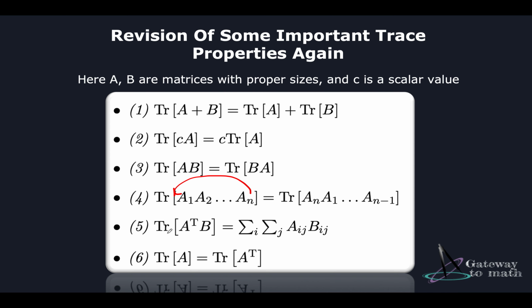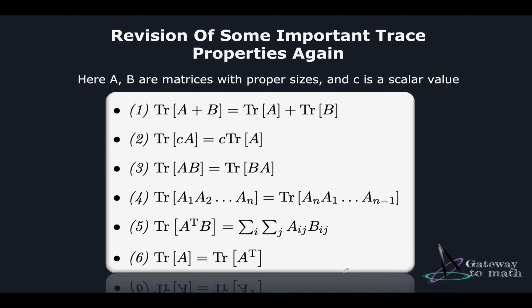Similarly, fifth point, trace of transpose of A times B equals summation of i summation of j A subscript ij times B subscript ij, and trace of A equals trace of transpose of A. This property 6 is an important property because you're just doing a 45-degree shift when you are actually finding the transpose, and since trace is just the diagonal entries, and since the diagonal entries are going to be the same, this relation right here, point 6, is an important relation that we should keep in mind.